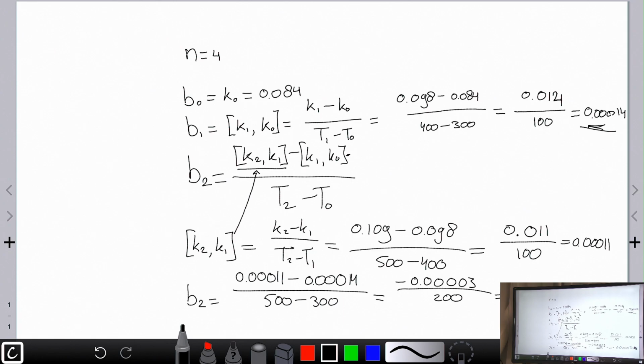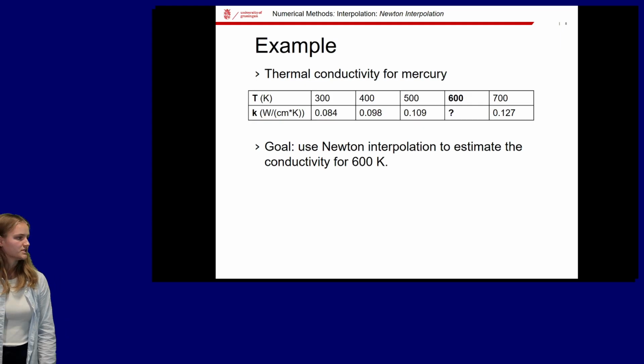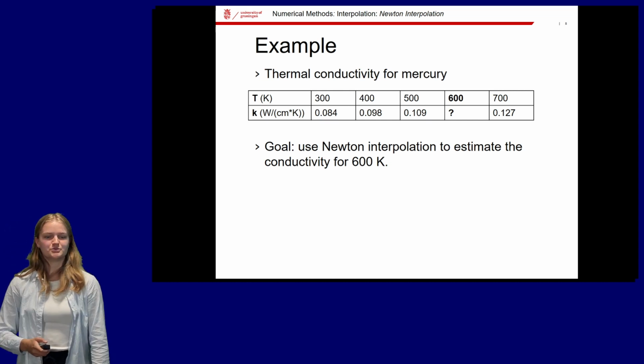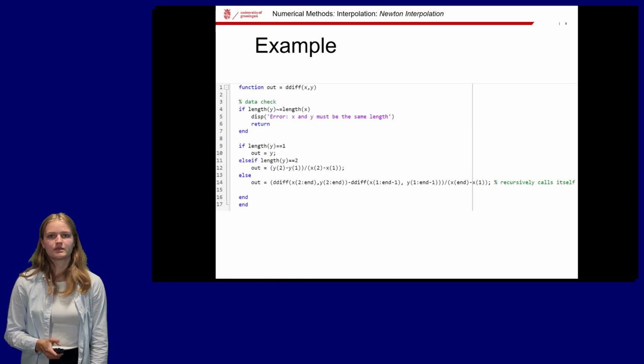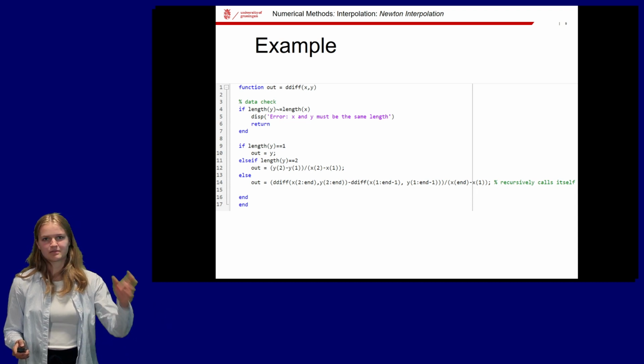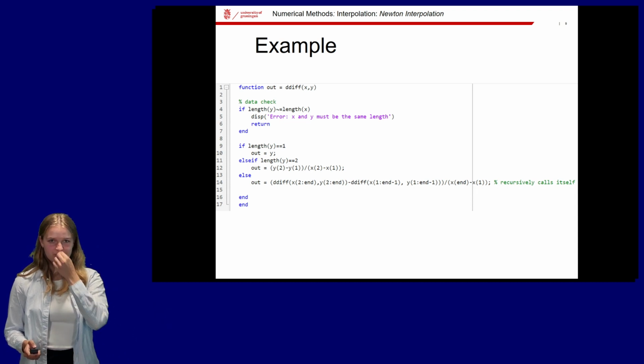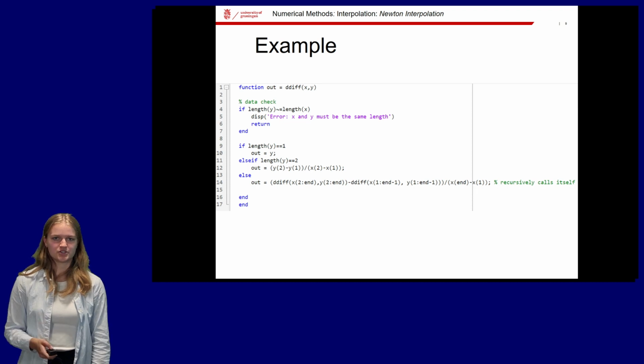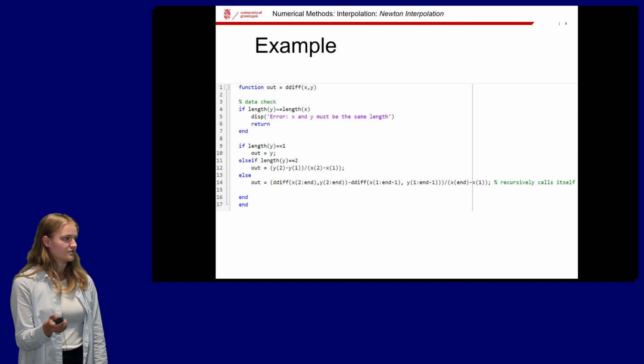We can continue this process to obtain all the coefficients. But obviously, usually you will not do this by hand, and you can just use a function. So this is the function that I created in MATLAB to calculate the finite divided differences.